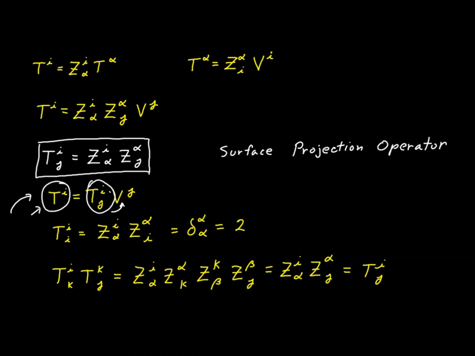So it makes sense that the surface projection of a vector that already lies on the surface is the vector itself. So it doesn't make any difference how many times you apply this operator again, it's only the first operation that results in this projection. After that, additional applications of this operator will just produce identical results over and over again. And the same is true for our normal projection operator. So maybe that'll help to explain what this particular identity is all about.